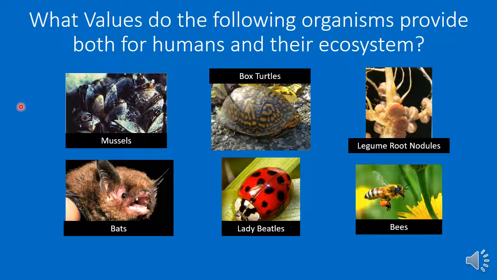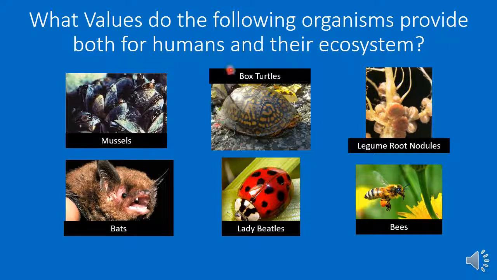They're making it way healthier and cleaner because they're filtering out all the contaminants and algae and stuff, right? And so mussels can play a big role in that for us, for the ecosystem. They can provide food for species. And that cleaning of the water is important.